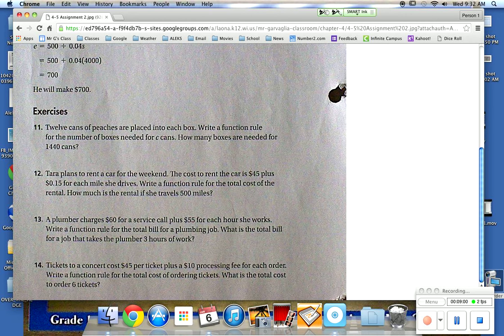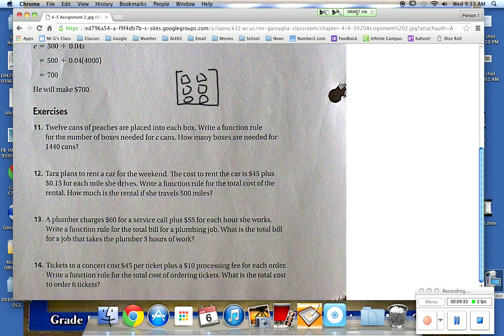Well, let's take a look. 12 cans of peaches are placed in a box. So if I look at my box here, I'm not going to draw them all out, but I've got 12 cans of peaches in here. Write a function rule for the number of boxes needed for C cans.